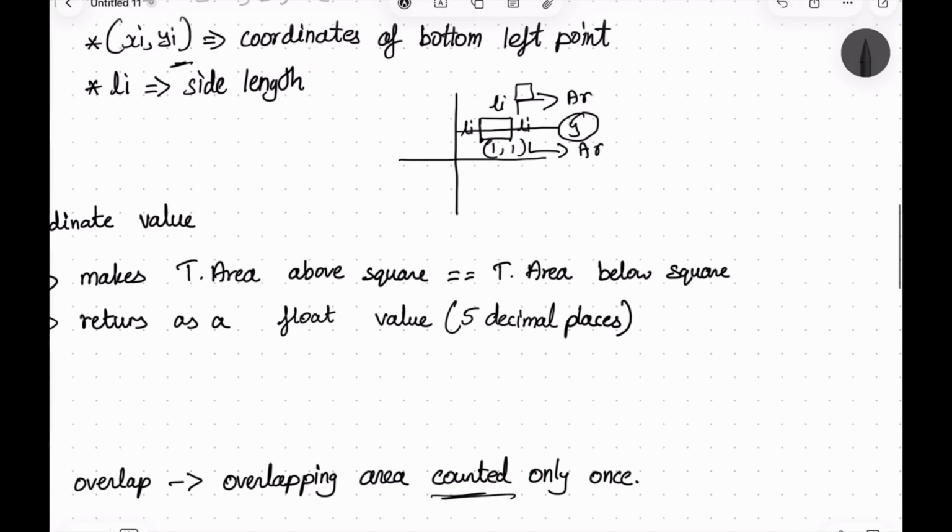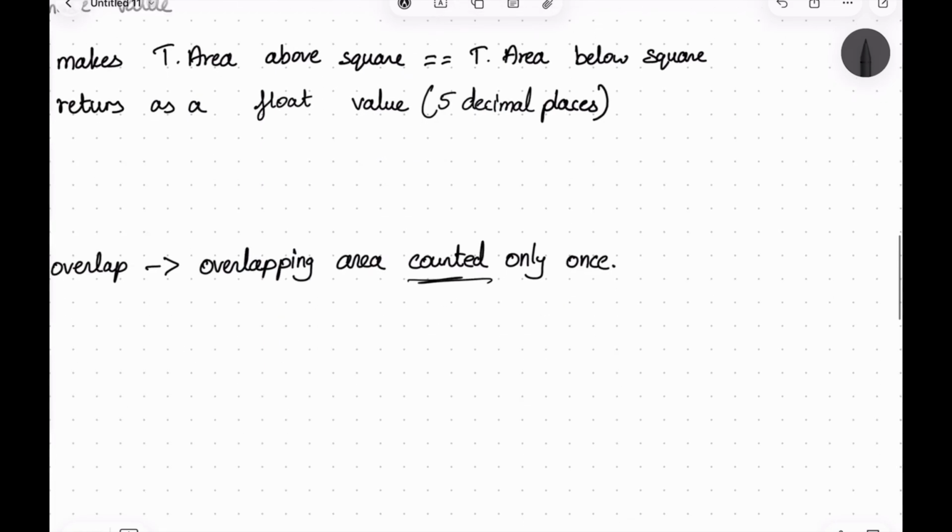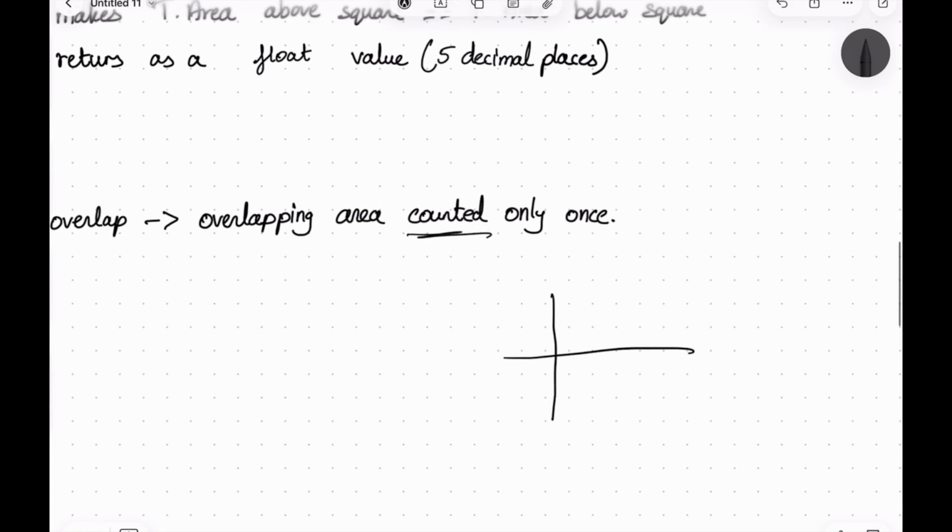Which means if there are some squares which overlap, we have to count that area only once. Which means the union of the area. That is what we have to find here.